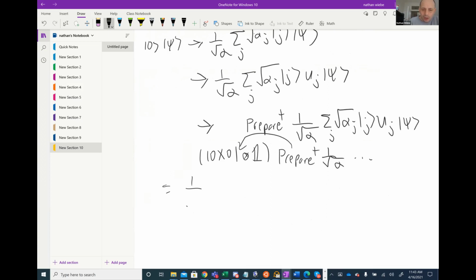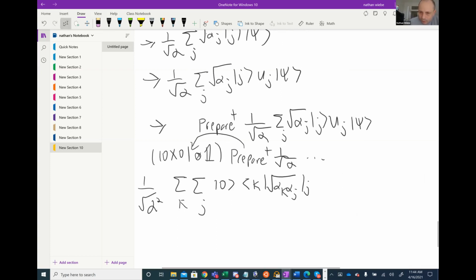So we know that this inner product is going to be of the form square root alpha squared, sum over k, sum over j, 0 k, square root alpha k alpha j over here, and now we have uj acting on psi, just copying this term down. But these are constants.